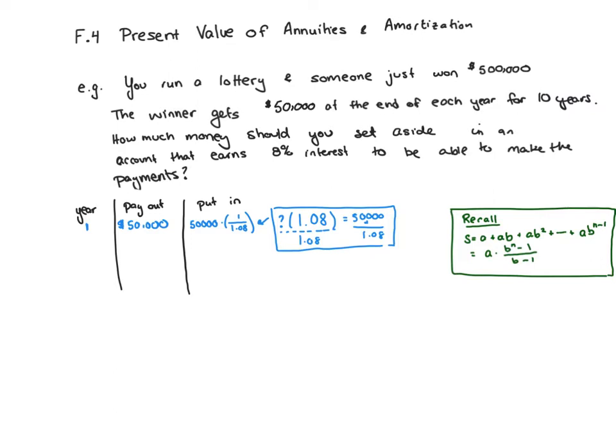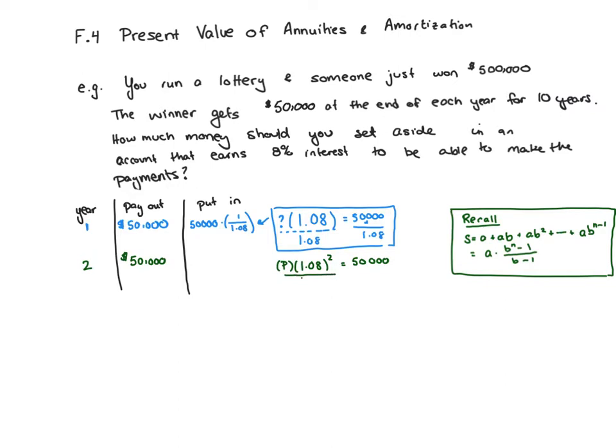Okay, so let's do the same thing for year 2. In year 2, we again have to pay out $50,000. So I want to figure out how much I should put in. Whatever money I put in, let's call that P, is going to be in that account for 2 years, so it earns interest twice. And after it earns interest twice, then it needs to be that $50,000.